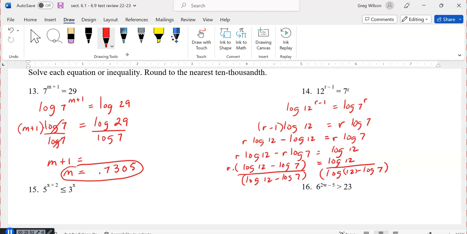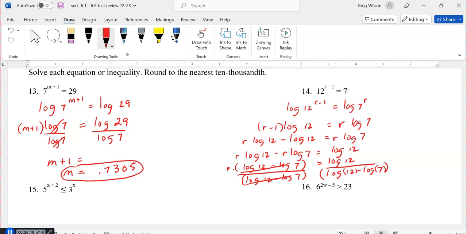So once again, be careful about how you use your calculator. On the left side, those are just going to cancel. So r is going to be this result in my calculator. So log 12 divided by log 12 minus log 7.